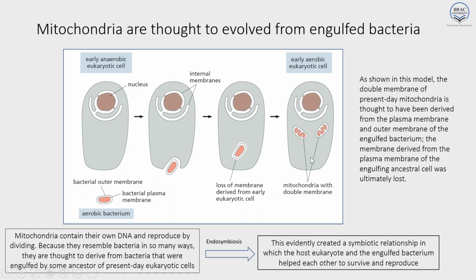Symbiosis means when two species benefit mutually, and endo refers to endocytosis. So through the process of endocytosis the bacteria was engulfed, and then through symbiosis both species benefited and lived together and formed mitochondria. So this is the endosymbiotic theory.